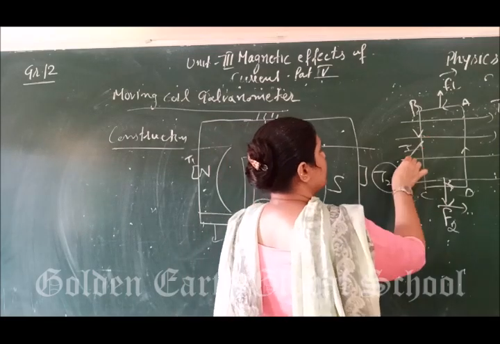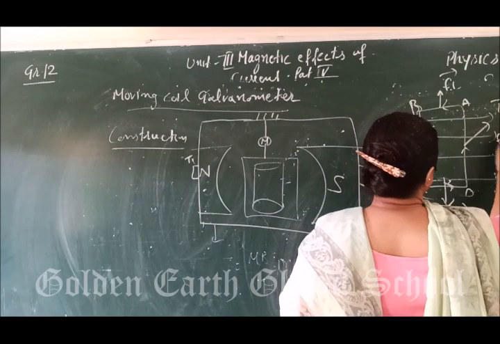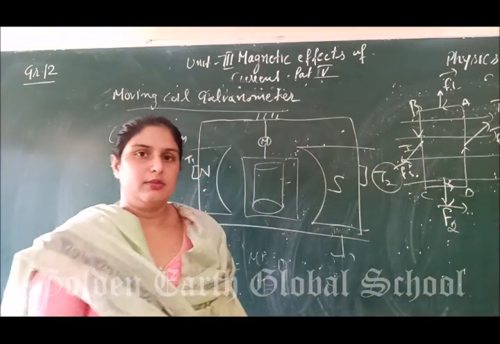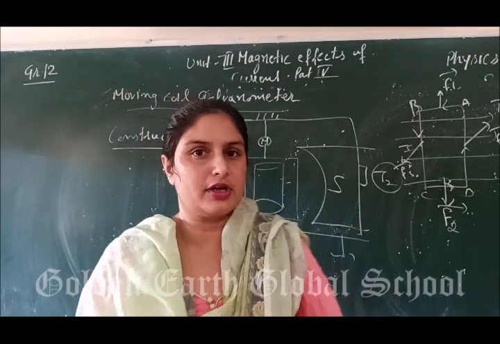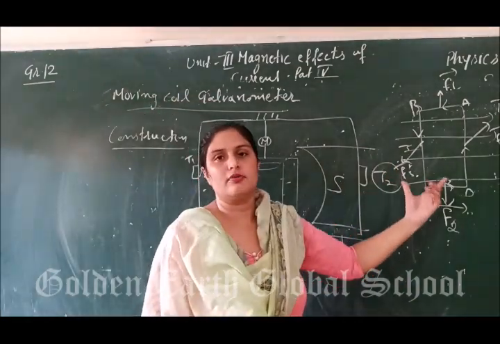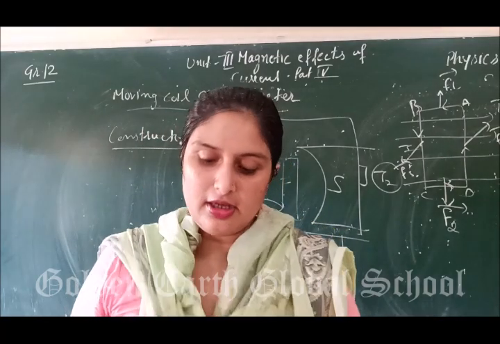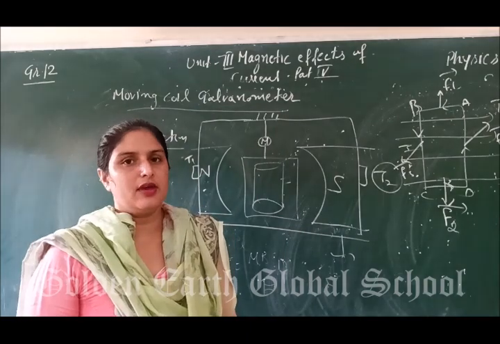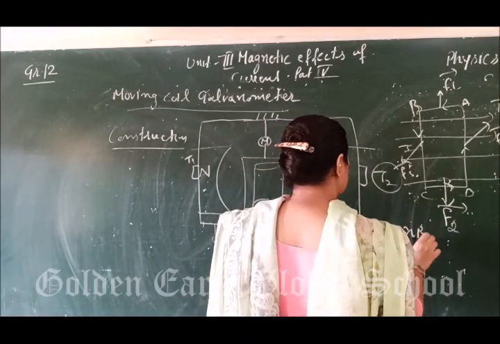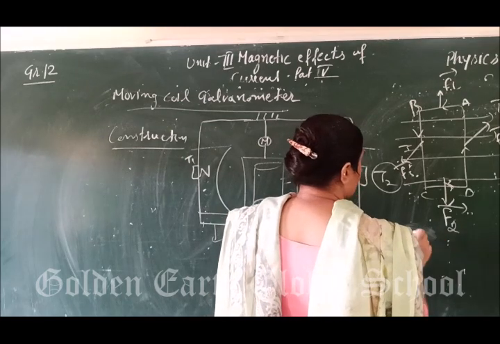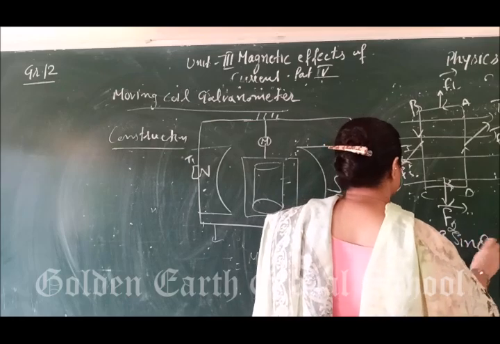Now what about the arms BC and DA? The forces F3 and F4 are again equal and opposite, but their lines of action are different, so they will contribute towards the torque. So this current carrying coil will experience a torque inside the magnetic field, and that torque we have already calculated is given by IAB sine theta.